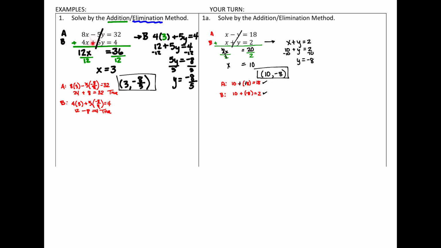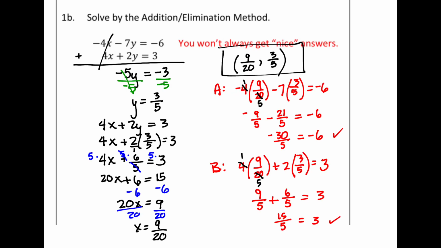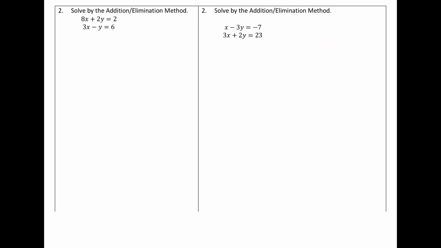Those are opposites. Over here, y. This was a negative 1 and a positive 1, which were opposites. Here's your 1b, variable x. The coefficients are 4 and negative 4, opposites. Okay, so here we don't see that, do we?